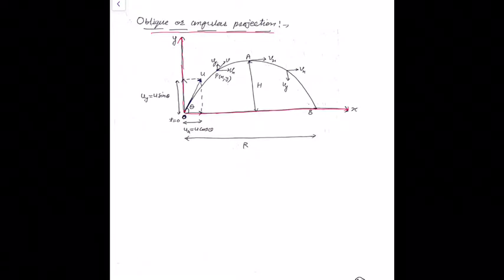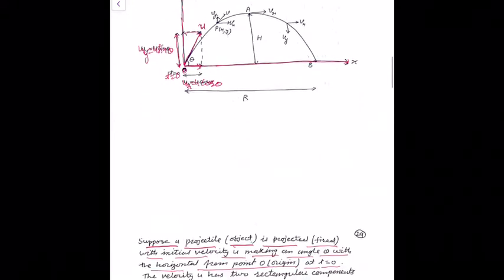Any body or object or projectile projected from origin O at t equal to 0 with initial velocity u. Initial velocity resolved in two parts. First part, horizontal component ux equal to u cos theta, and vertical component uy is equal to u sin theta.